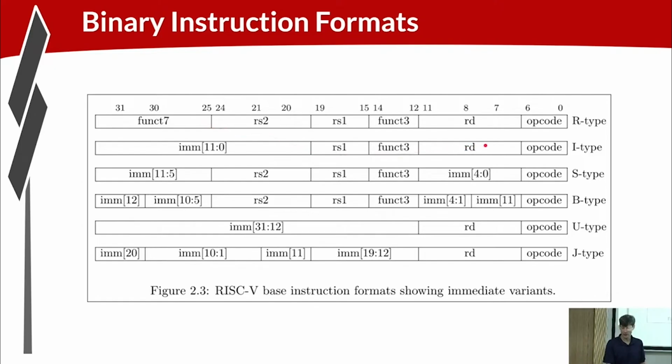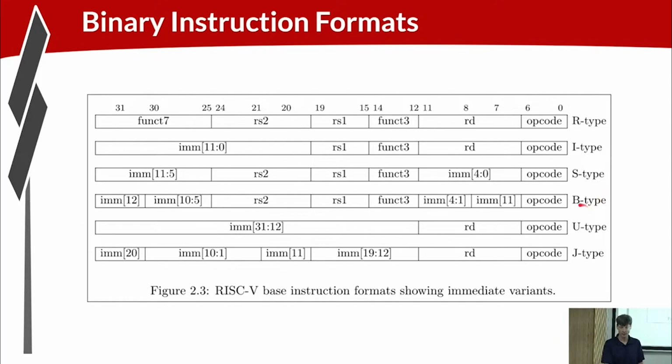I type, instead of having the second source, has immediate bits. S type does not have a destination register, so we use that for immediate bits. So basically, each of these types, whatever fields are necessary, are used for that, and whatever fields are unnecessary become immediate bits.